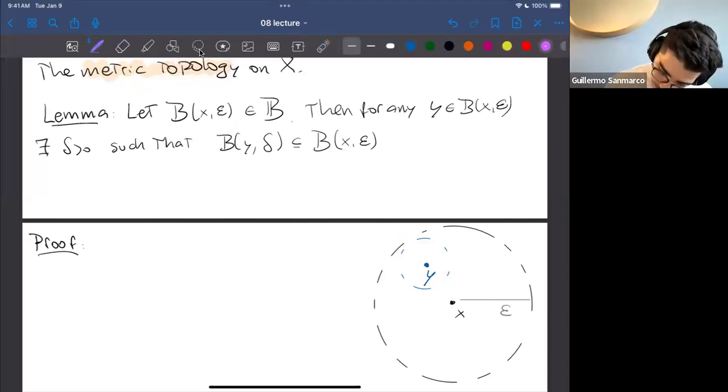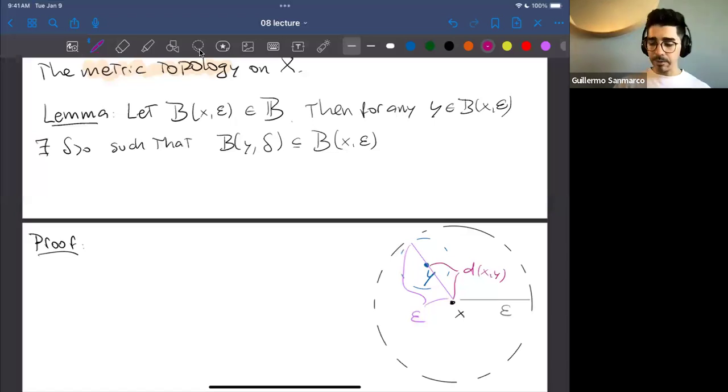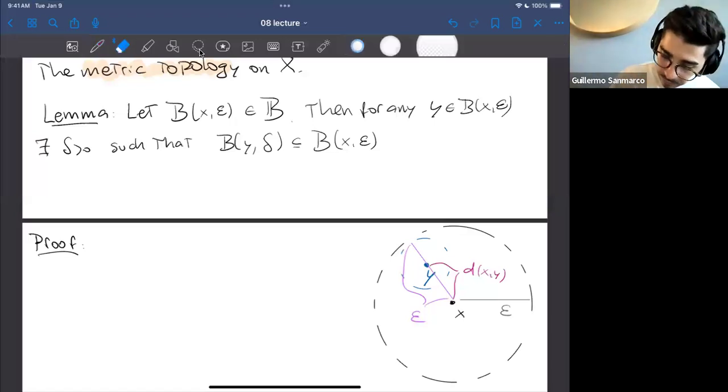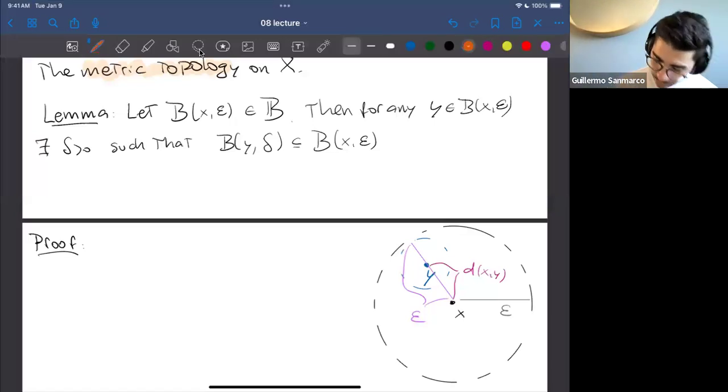So here, we know the entire thing is epsilon. And we know whatever we have here is the distance from x to y. So whatever remains is the difference, epsilon minus the distance. That should be our radius.